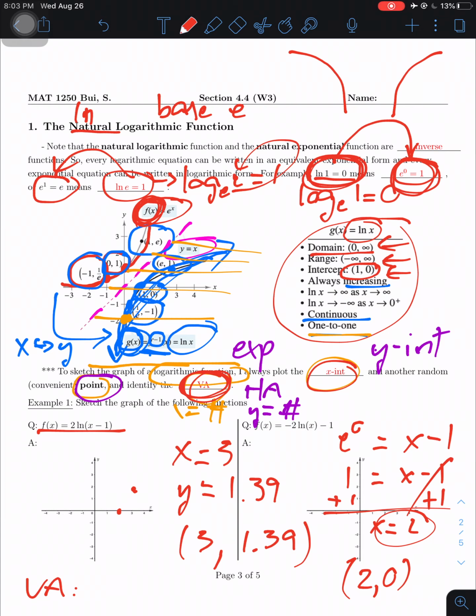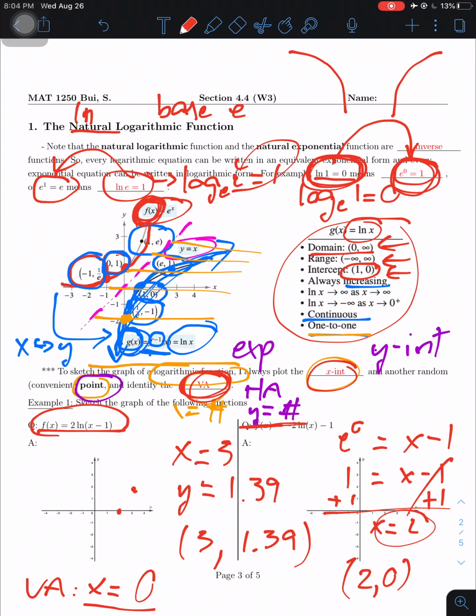It cannot be something within your function, okay? So for my example in here, there's no free number. So that means my VA, my vertical asymptote in here, is x equal to 0, okay? Just like how we did it for exponential equations, but instead of having y, now we're gonna have x. That's the only thing that's different, okay?